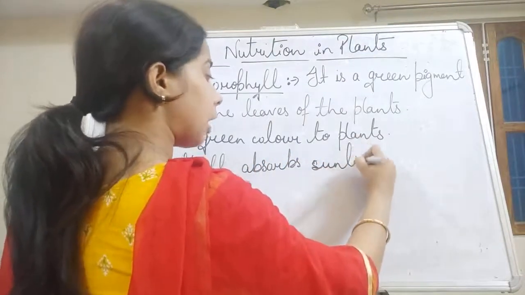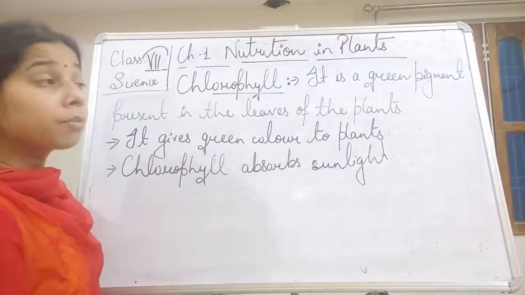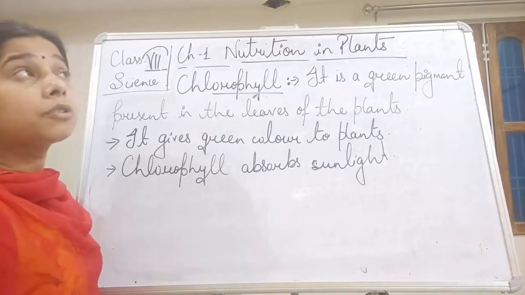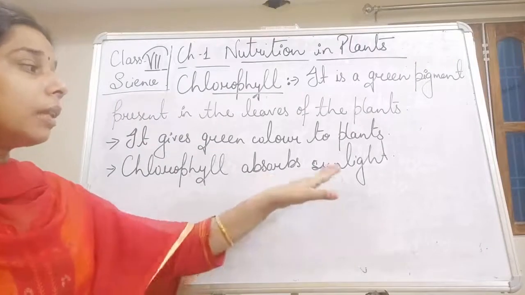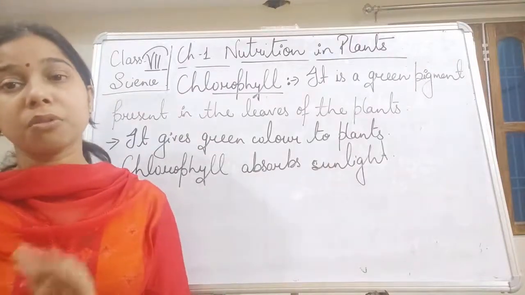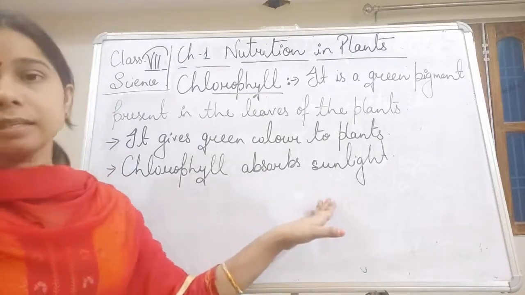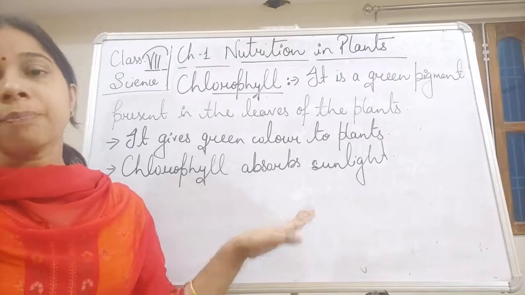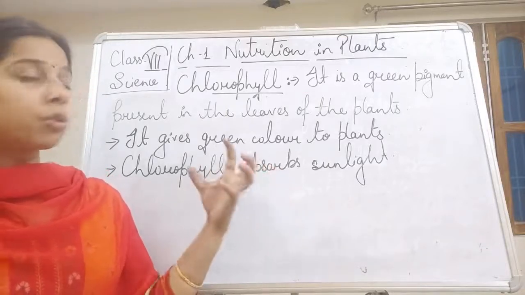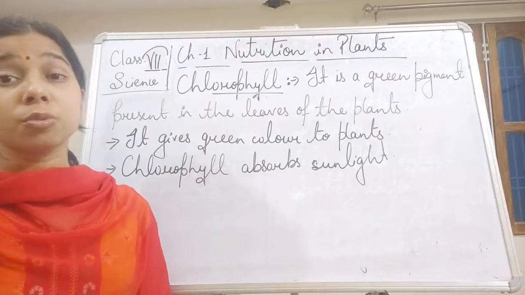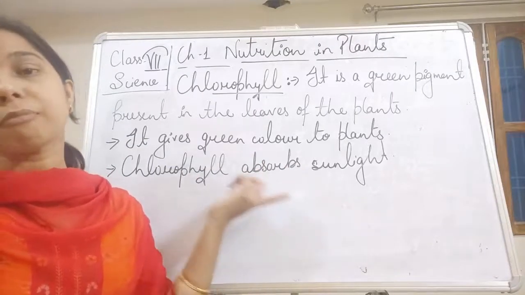Now the question arises: how is it important for photosynthesis? We know that sunlight plays a major role in the process of photosynthesis. So if sunlight is there, students, this sunlight helps in completing the reaction. This sunlight will be stored in the form of chemical energy, and this sunlight is absorbed by the chlorophyll.